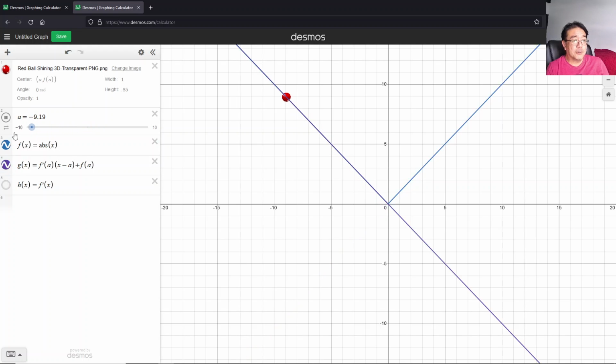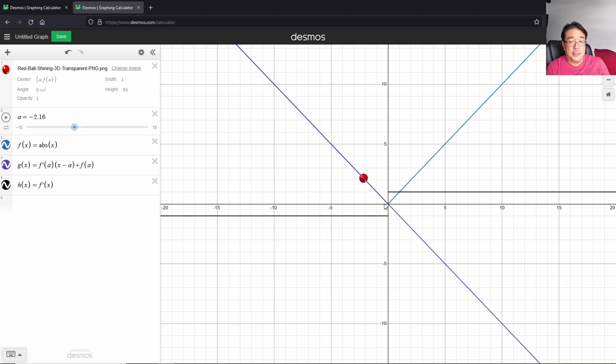So if you were to actually graph the derivative of this function, this is what it would look like in black. The derivative would be -1 for all of the left side, for the graph of the function to the left of the y-axis, and then it jumps up to being +1 to the right of the y-axis.